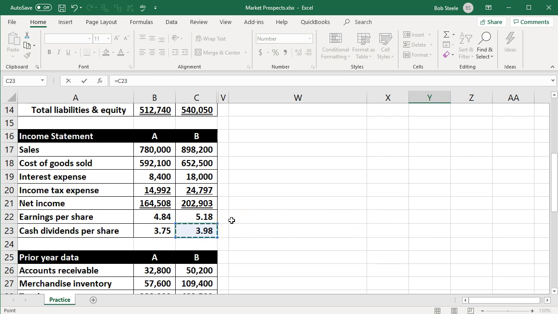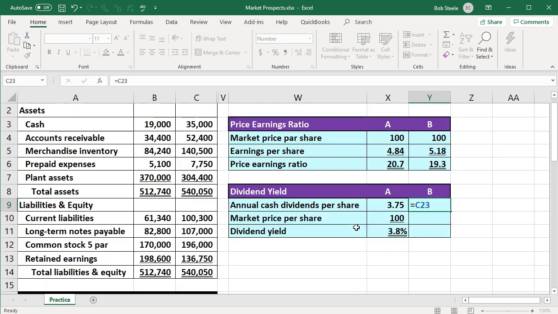Those earnings per share aren't necessarily given out in terms of dividends. This is the earnings per share that you would think the value of the stock would go up, and possibly could have dividends up to that amount, typically, or the company could hold on to that and distribute some other amount, whatever they decide to distribute, in the form of dividends. These are the dividends that were actually distributed, 3.98 per share.